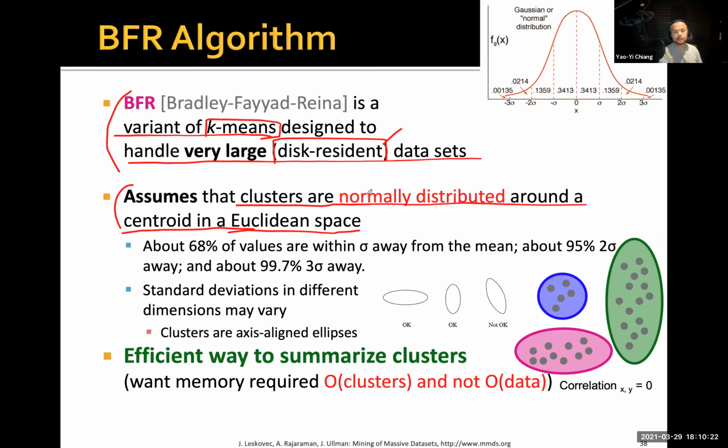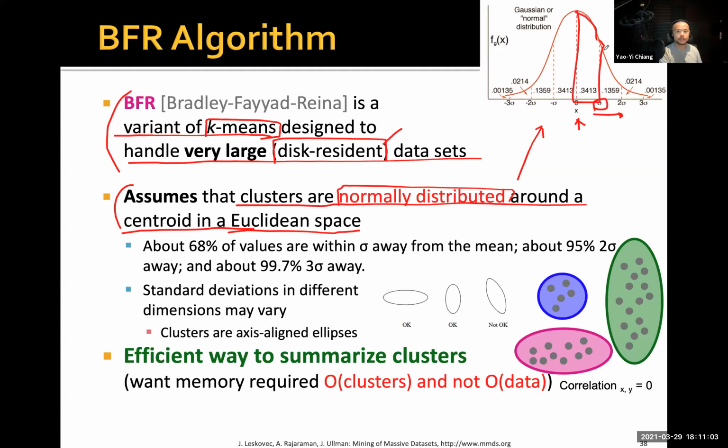Okay, so if you're not familiar with the term normally distributed, it just looks like this. This is the probability density function of a normal distribution or a Gaussian distribution. Here is your mean, and the shape of the probability density function depends on your standard deviation in the data set. So for example, if we ask the question, what would be the probability of seeing a data point from this range?